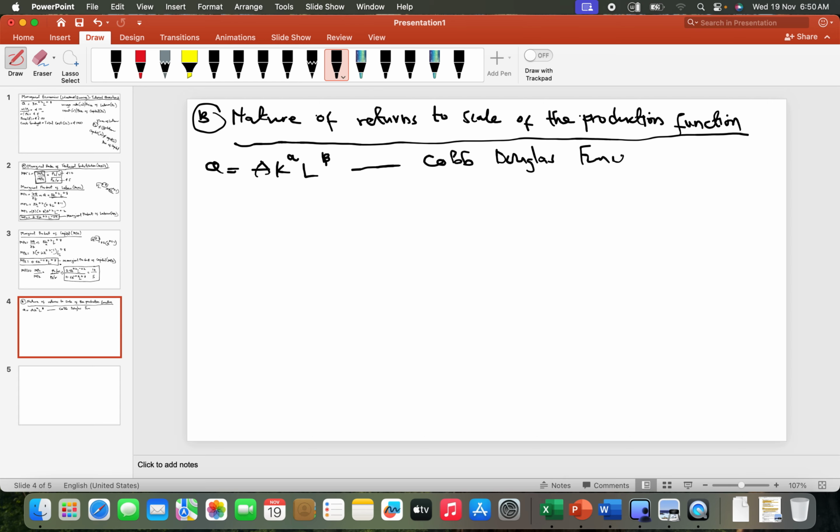So the Cobb-Douglas function has conditions or criteria underlying it. Take note, this is capital, this is labor, this is alpha, this is beta. The condition states that if I have alpha plus beta equal to 1, then it means it's constant returns to scale.